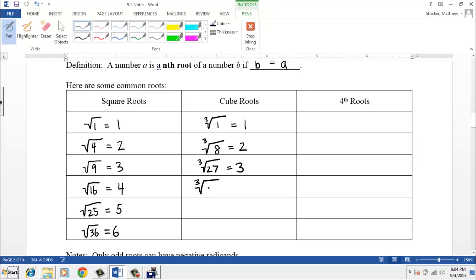Cube root of 64 is equal to 4. Then we also have the cube root of 125, which is equal to 5.